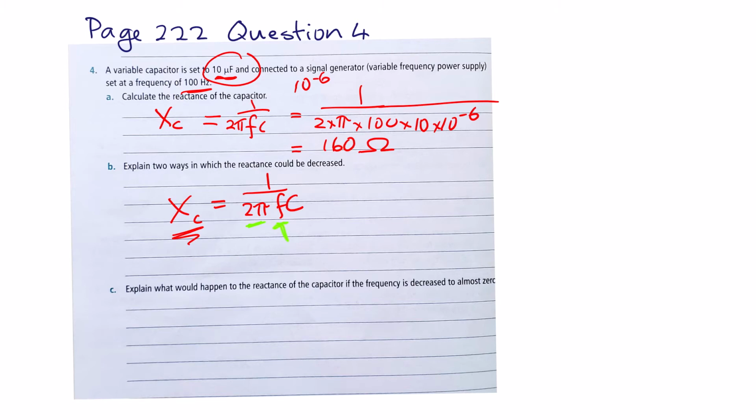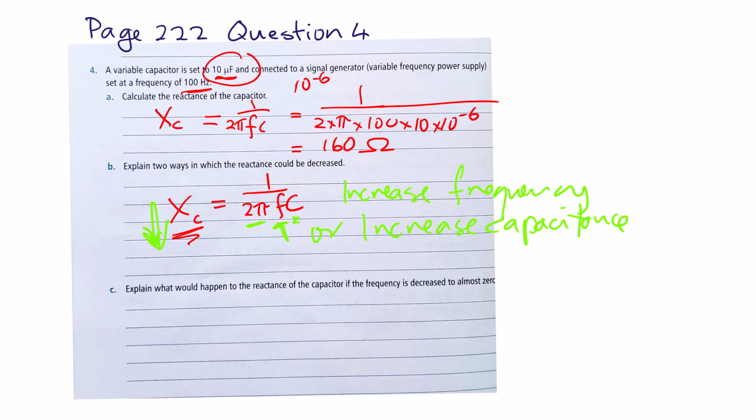If we increase the frequency, then the reactance would decrease. So increase the frequency, or we could increase the capacitance. Either of those ways will decrease the capacitive reactance.